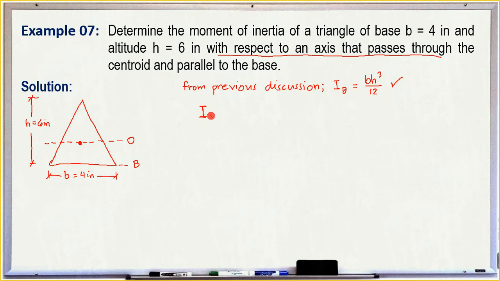We have B. So we put IB equal to the moment of inertia along O plus the area of this triangle times the square of its distance, d. Now, since we are given IB, we can get IO. Therefore, IO is equal to IB minus the area of the triangle times the square of its distance.